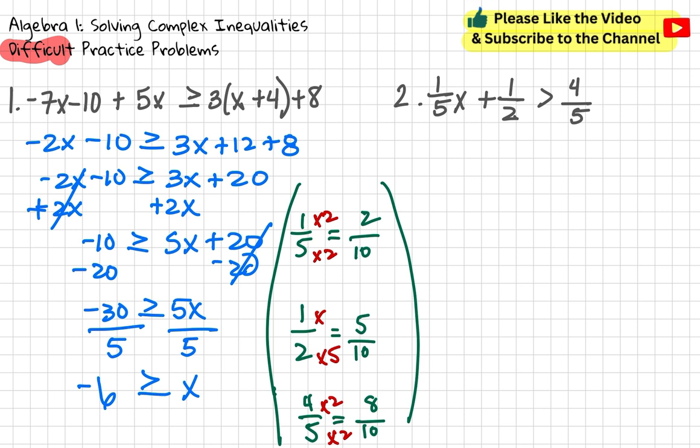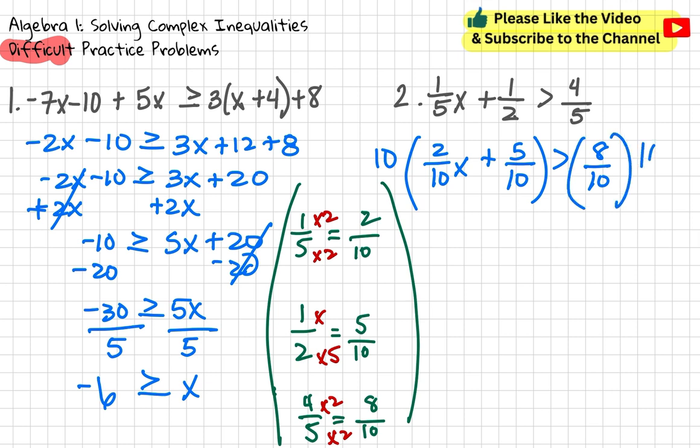Now, what I'm going to do is rewrite this equation with fractions that are equivalent to the originals, but they look better for simplification purposes. So it is now 2 over 10 x plus 5 over 10 is greater than 8 over 10. Now, I can multiply both sides by 10 to get everything simplified.